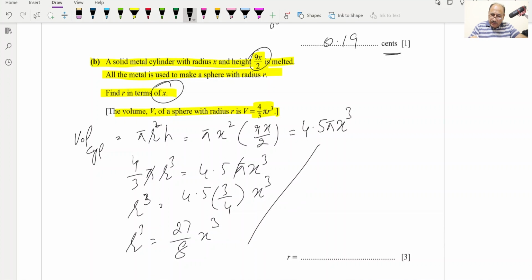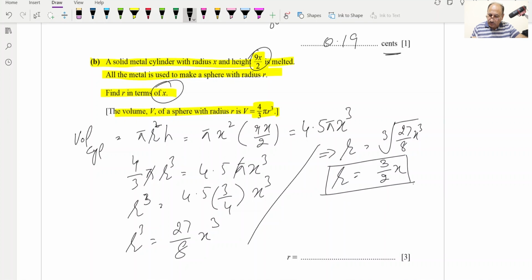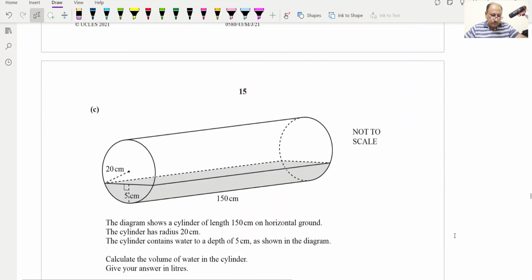So this implies r will be equal to cube root of basically 27 over 8 and x cubed. So this will be equal to 3 by 2 of x. So r is equal to 3 by 2 x in terms of x.